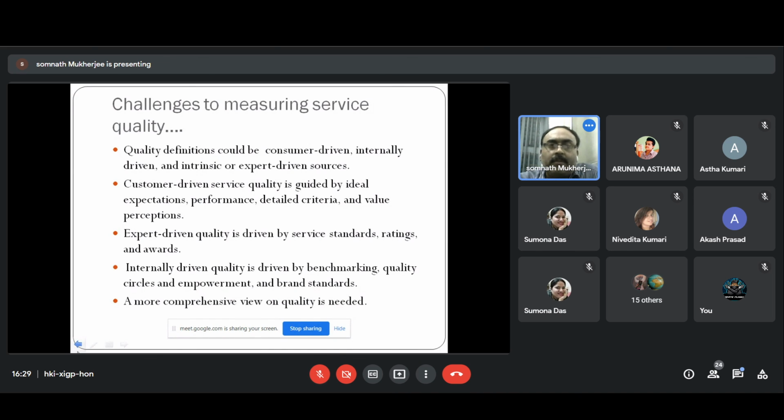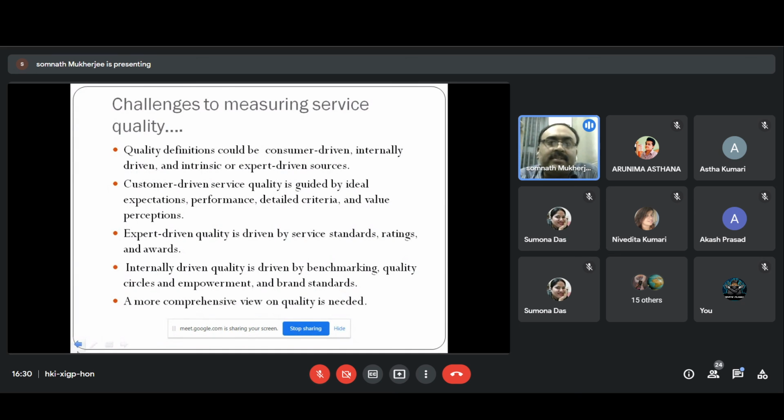We'll come to that. So quality definitions could be consumer driven. You have your own set of quality definitions. Your definition could be that I'm stretching things too far, and that could in turn be negatively influencing your perception. Is it internally driven, intrinsic, or expert-driven sources?